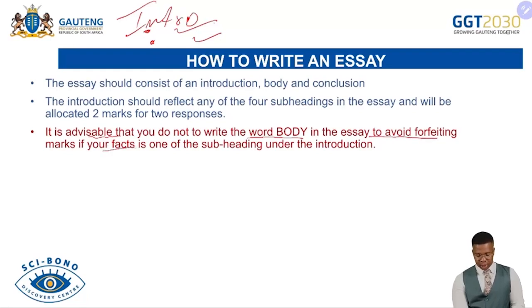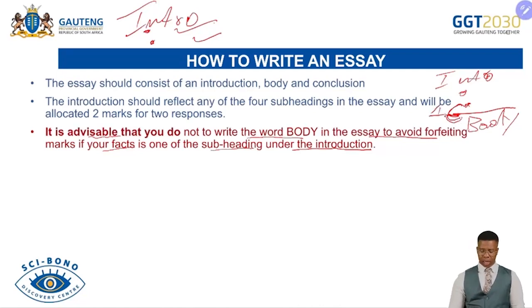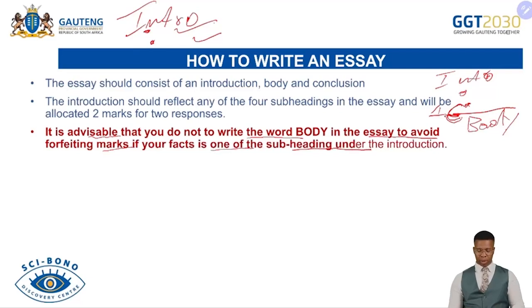You know the structure of your essay is to have an introduction, then the first subheading, and so on. Let's say you have the first subheading, you underline it, and if you write the word body there, you are going to lose all the sentences or responses you made under your first subheading. But I'm going to show you in the next slide what we mean by this.